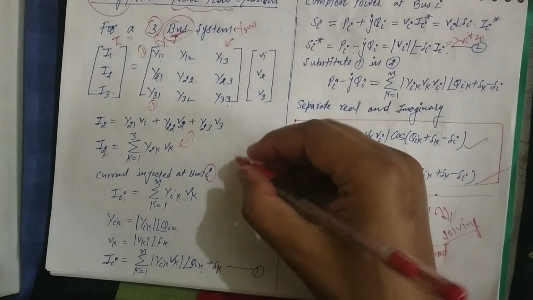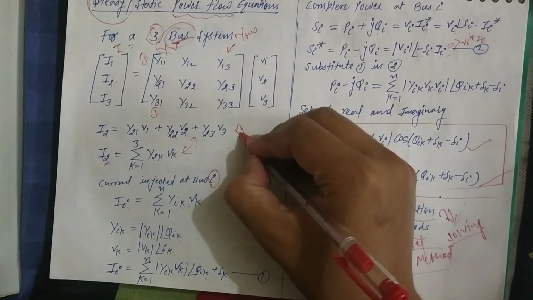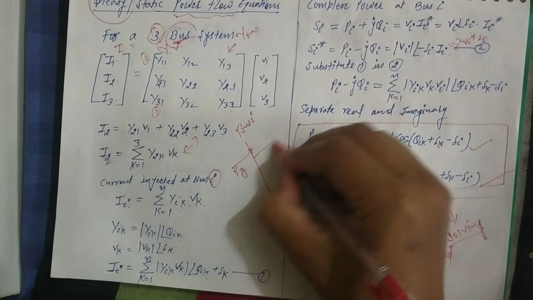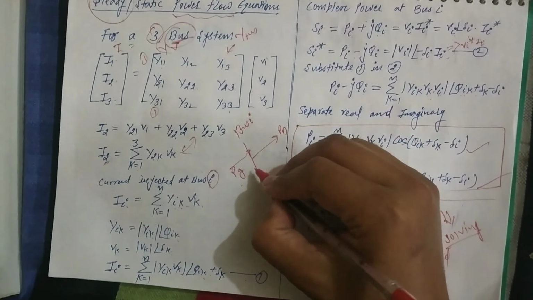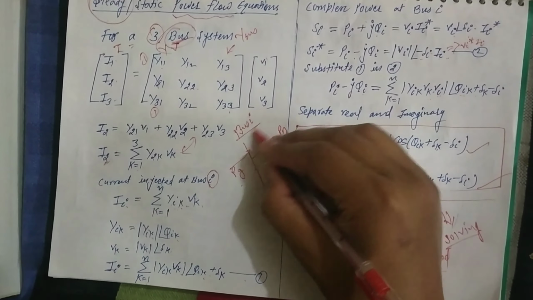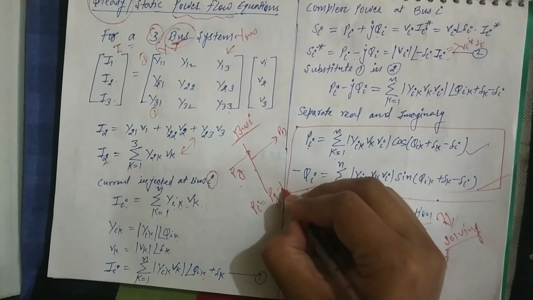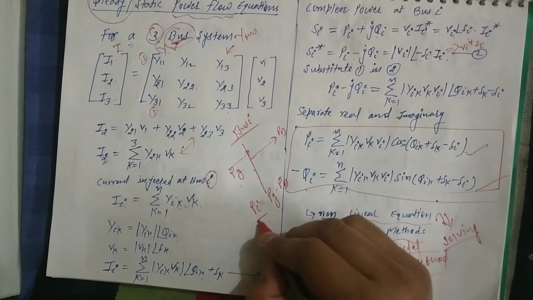If this is bus I, this is the PG and this is the PD. This power is coming to the bus and this is the demand on the bus. So the P available at bus I we can directly write as PG minus PD. Got it? This is the real power.